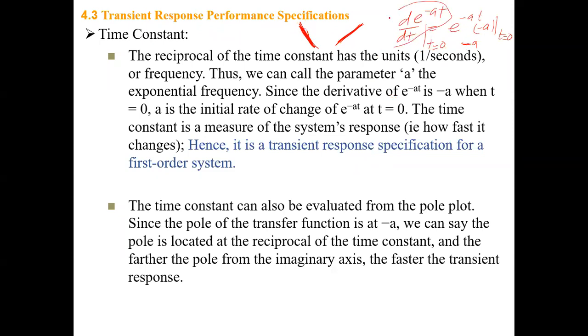Derivative is rate of change, right? So the time constant gives you the initial rate of change of this function at t equals 0, which is negative a, or positive a in magnitude.